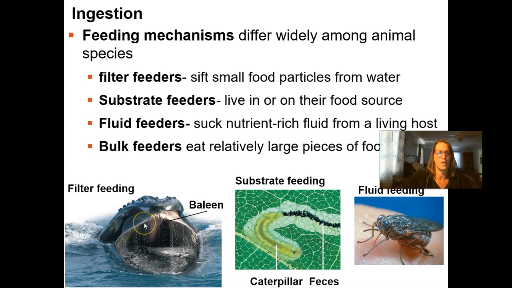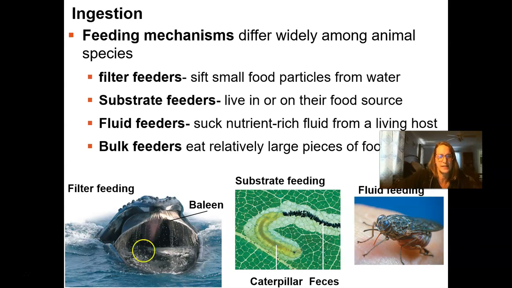And what the whales do is they can essentially put a whole bunch of water in their mouth, and then they close their mouth so that the baleen is stuck between the outside of the body and the inside of the body, and then they can push the water out with their tongue or with other sorts of internal pressure devices, and then the water leaves the whale through the baleen, and all of the small food items are trapped.